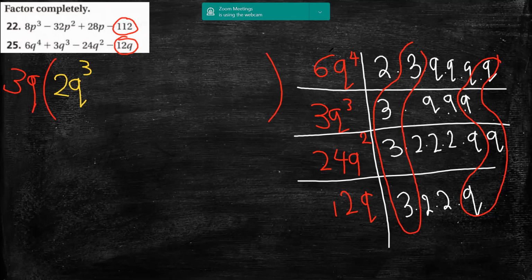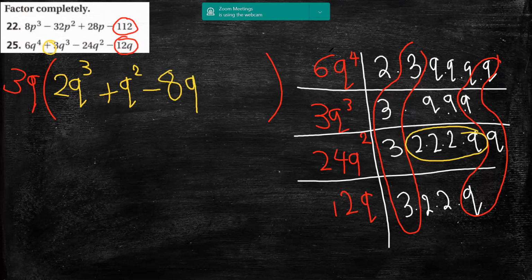If you remove this q and the 3, we'll have q cubic, so here, since the sign is plus, you put plus q squared. Now minus 24q squared. If you remove it, what will you have here? 8q. And here, minus 4.